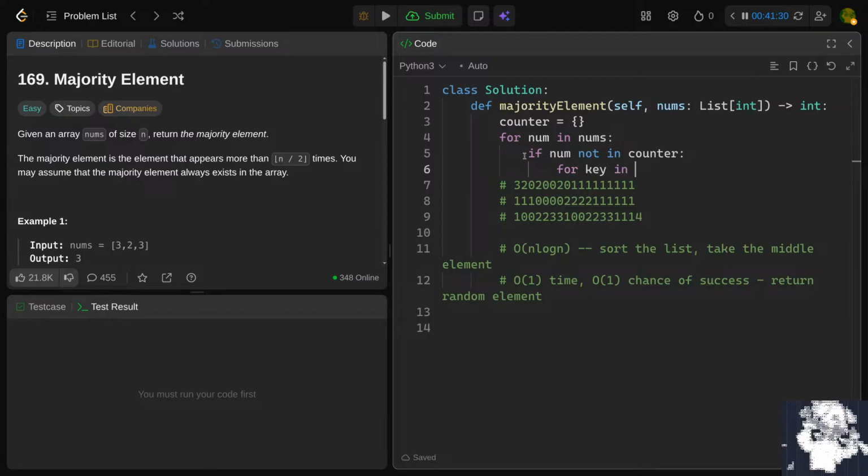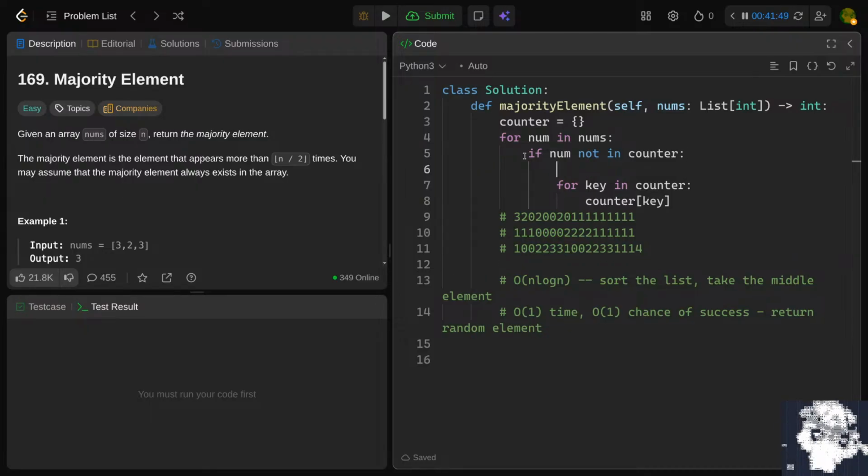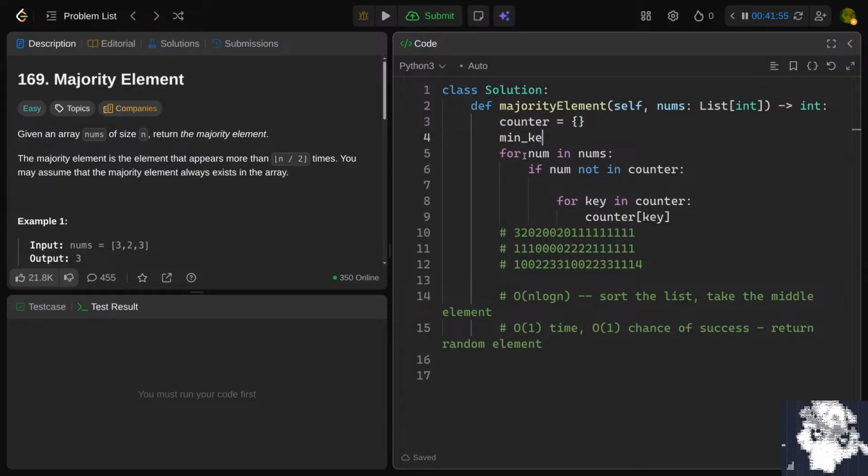For key in counter, counter of key... let's just remember min key equals none.